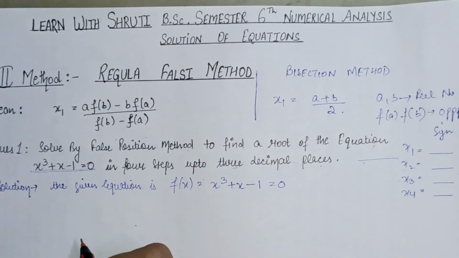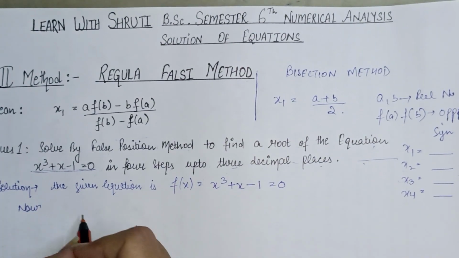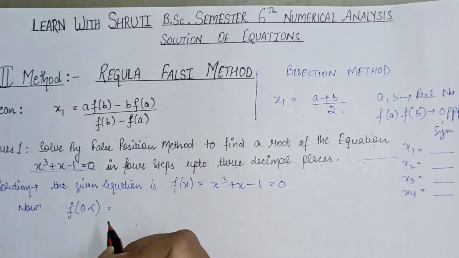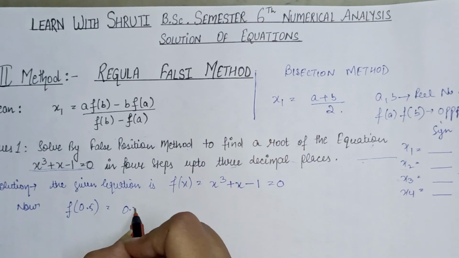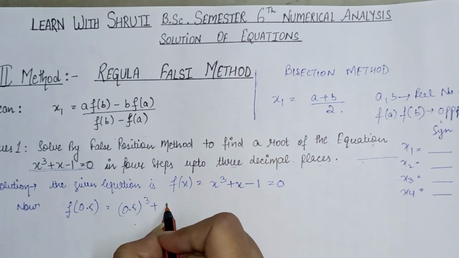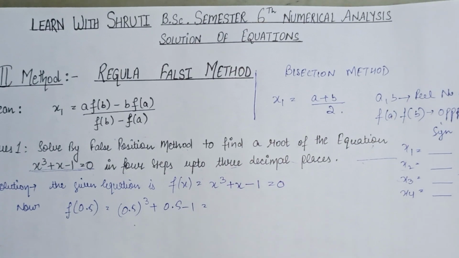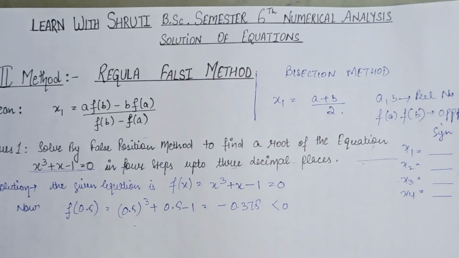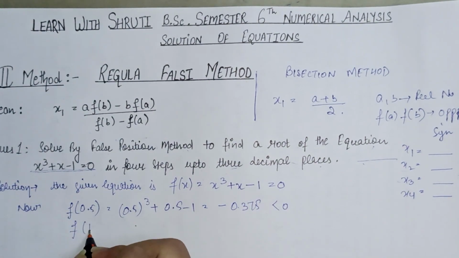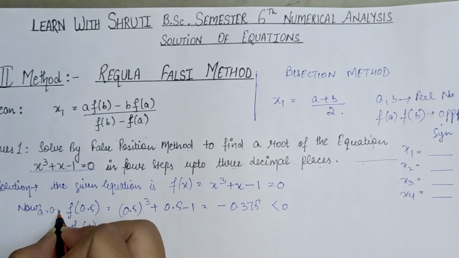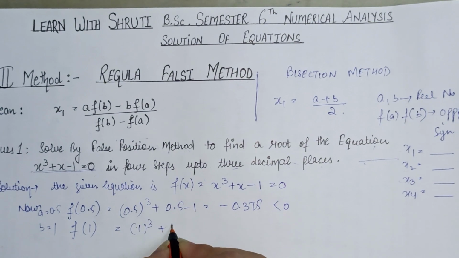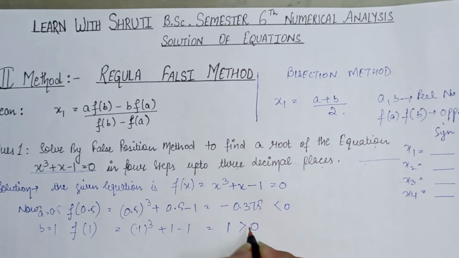So the given equation is f of x is x cube minus x minus 1 is equal to 0. Now if we put a as 0.5 in the equation, so 0.5 cube minus 0.5 minus 1, we get minus 0.375, which is less than 0. And similarly we put b as 1, we get 1 cube minus 1 minus 1, which is minus 1... answer 1, that is greater than 0.